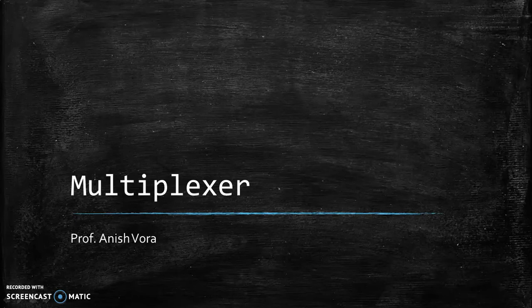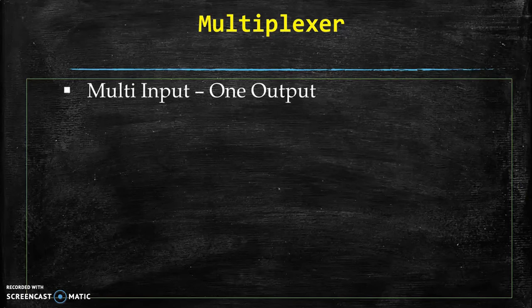In this video lecture, we will study one of the combinational logic circuits, and that is the multiplexer. A multiplexer is a combinational logic circuit which has multiple inputs but only one output.